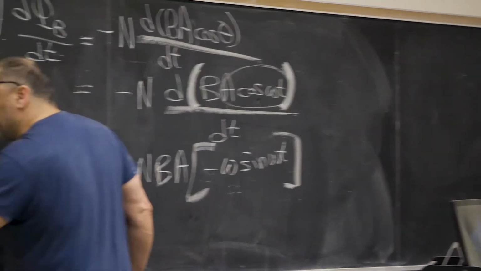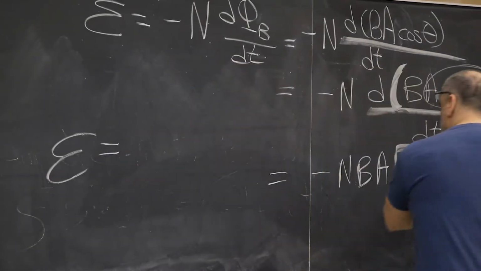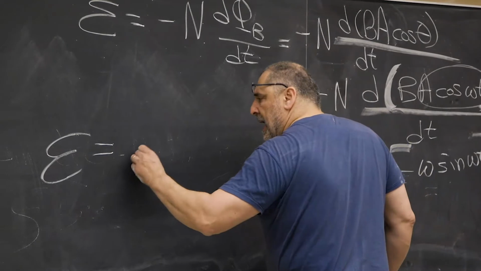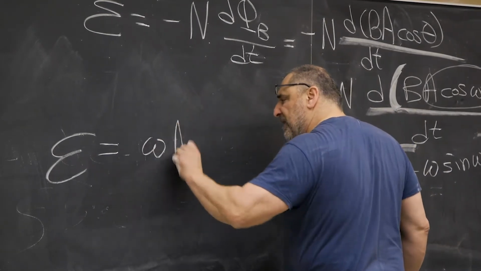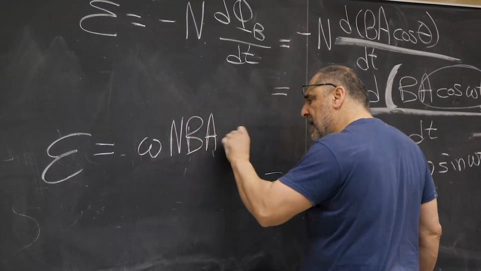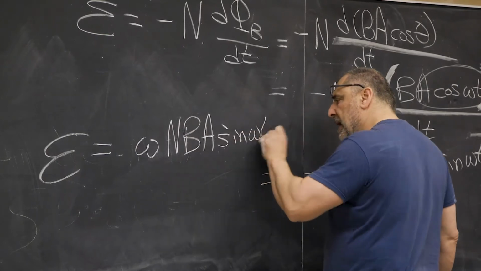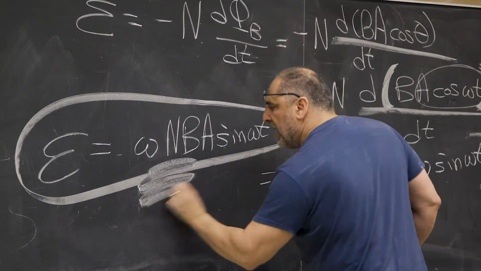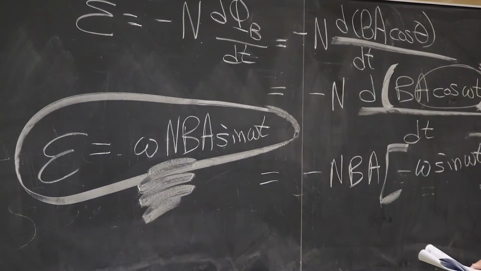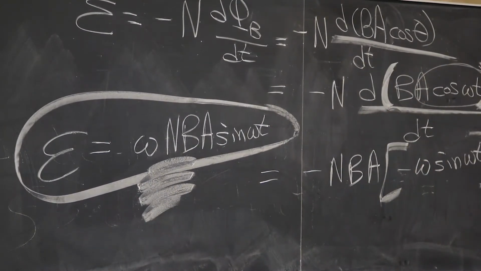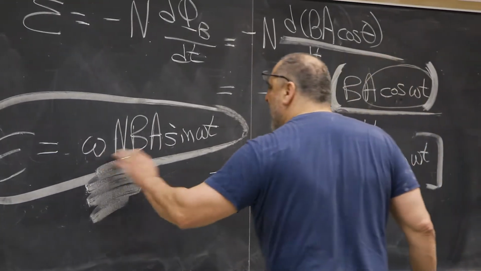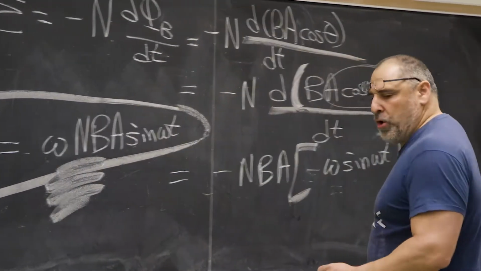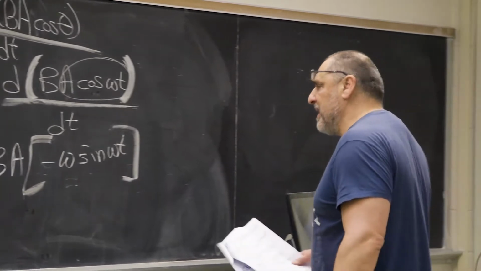So at the end of the day, negative times negative is positive: omega NBA sine omega t. Again, there are different ways you can write that. Anyway, the order of the multiplication is irrelevant. Everything is fine in that regard.